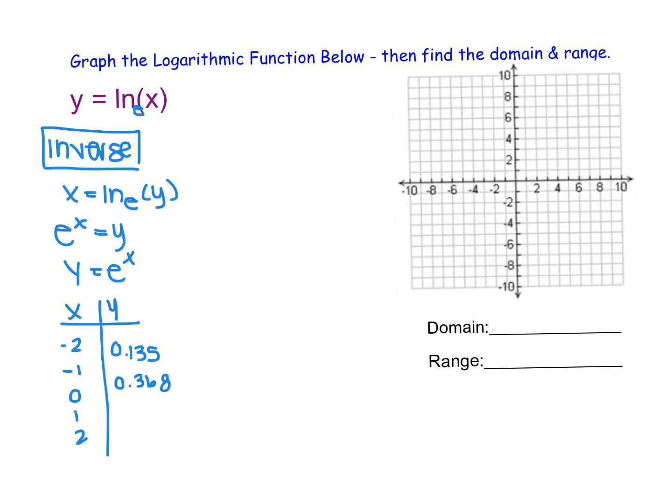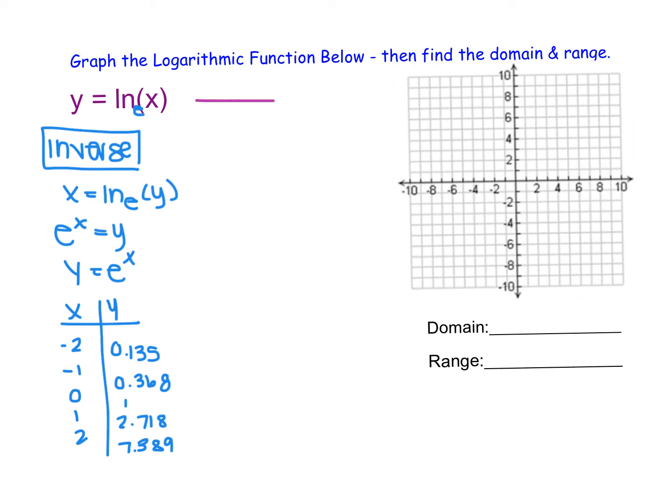Then if we plug in 0, we get 1. If we plug in 1, we get 2.718. And if we plug in 2, we get 7.389. So that's our table for our exponential function.